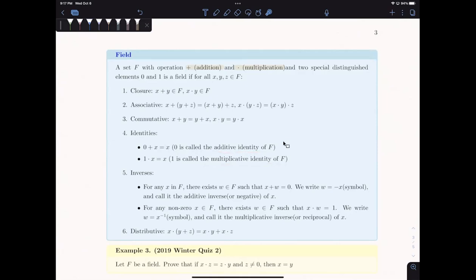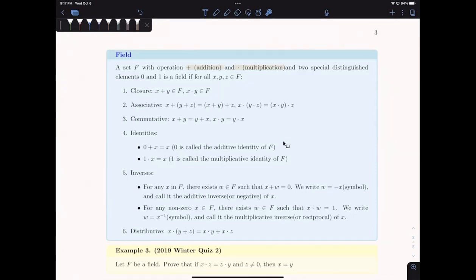It might be something else. So you need to understand this. They are just your additive identity and multiplicative identity. Those two just satisfy this condition, then we call it the identity. That's all that matters. And then the first one is called closure.